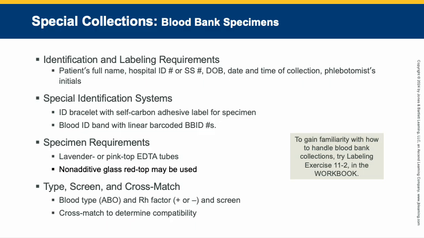Okay, a second thing that the blood bank requires, since it is so strict, is that any kind of labeling errors, remember, of any kind, if you send a specimen for blood bank up to the lab and it's not labeled, it is not going to be accepted. This also pertains to specimens drawn in the emergency department and operating room.